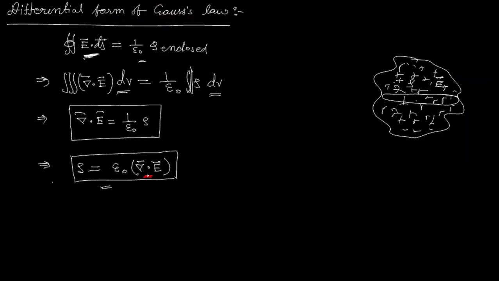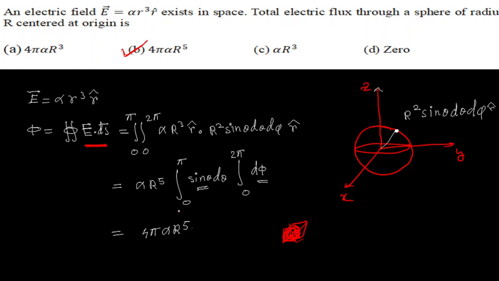So if we take the divergence of the electric field and multiply it with epsilon naught, that will give us the volume charge density associated with this electric field. Once you know the volume charge density, you can take a volume integral over the volume that will be given in the question.